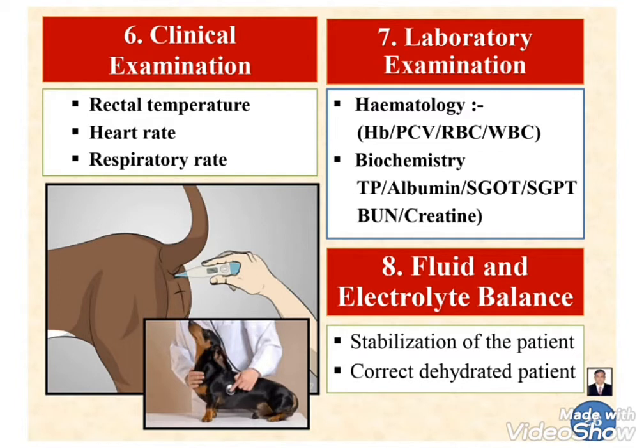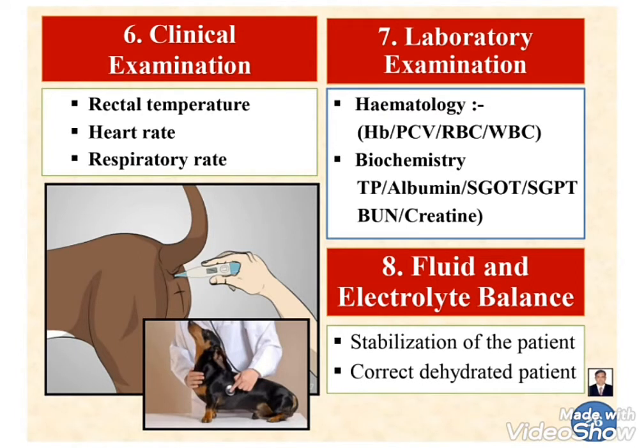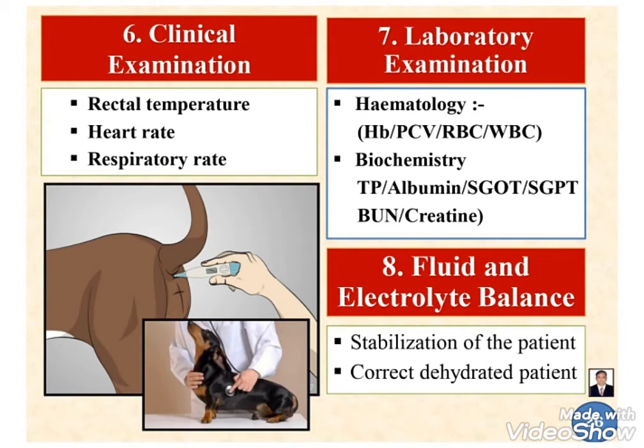These give a better idea of the health status of the animals. On the basis of these health status reports, you can decide whether the animal is fit for anesthesia and surgery, or unfit for surgery, or unfit for anesthesia. This decision is generally based on clinical and laboratory examinations.